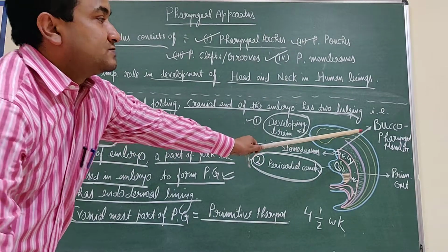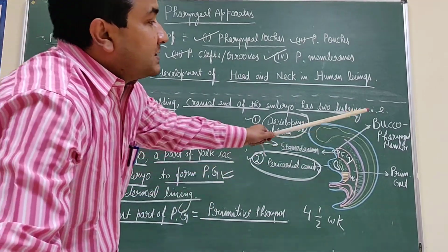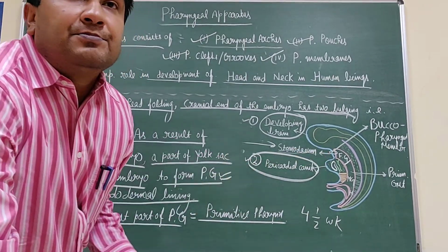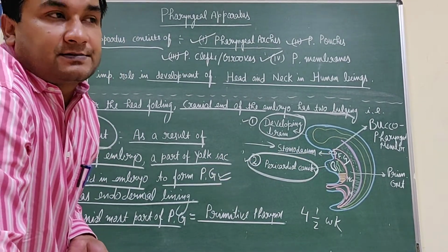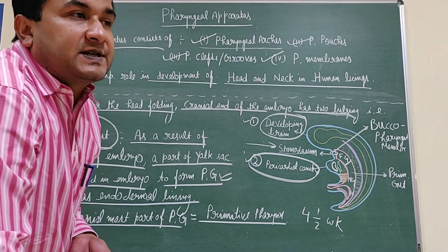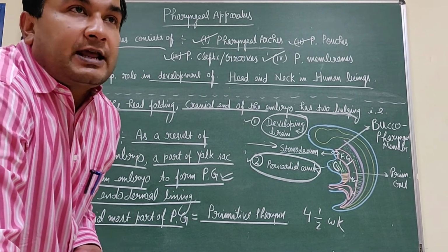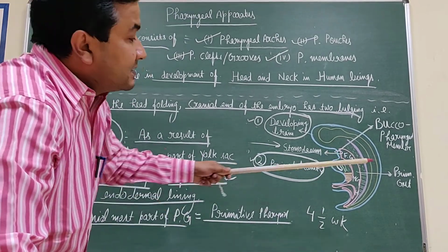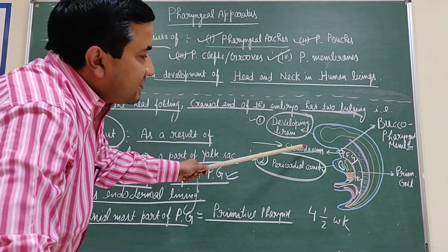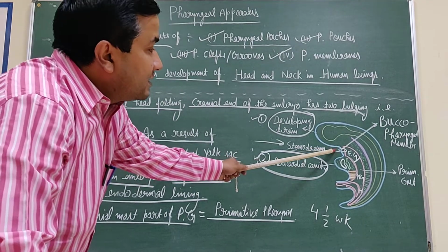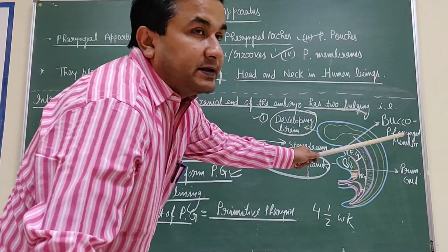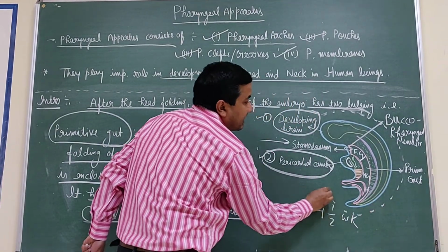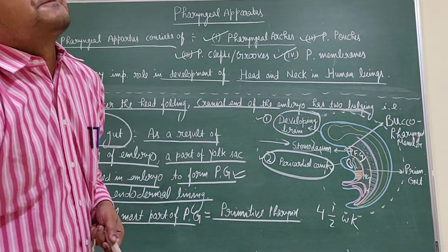This buccopharyngeal membrane represents the region of the prechordal plate. Prechordal plate we have discussed in the general embryology class. So initially this foregut is not communicated with the outer environment. This outer environment is the amniotic cavity. This embryo is surrounded by the amniotic cavity.